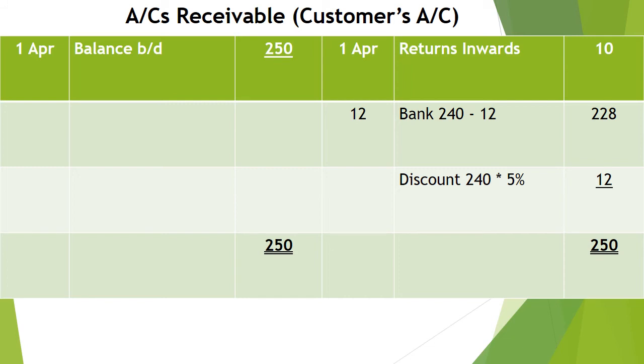And when we take 5% of 240, this will be 12, and he will pay net 228, remaining will be discount 12. And on both sides debit and credit are equal, 250 and 250.